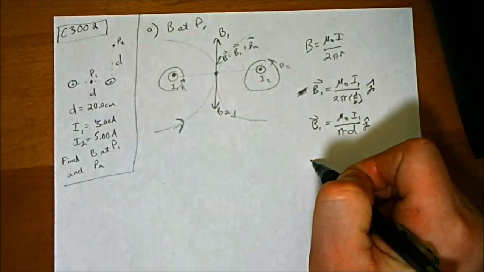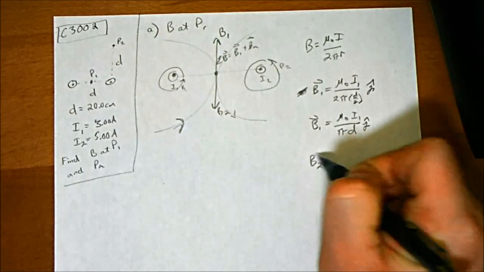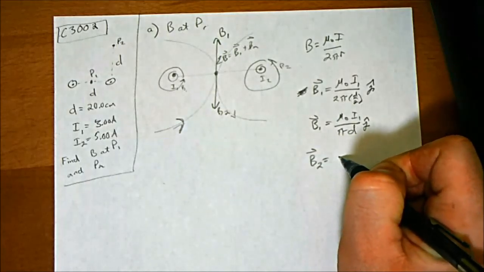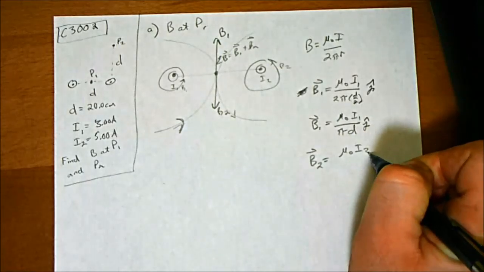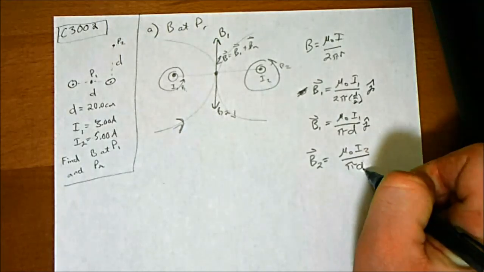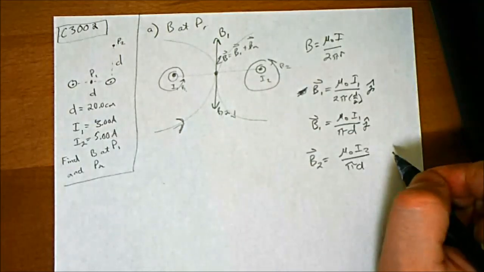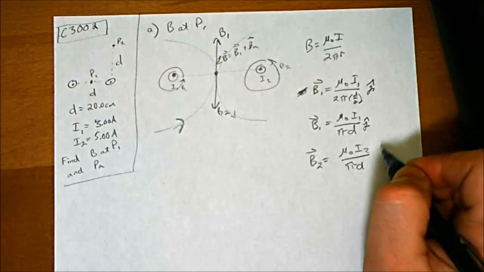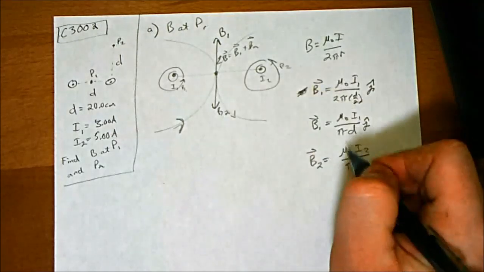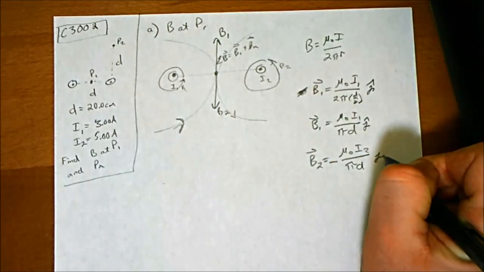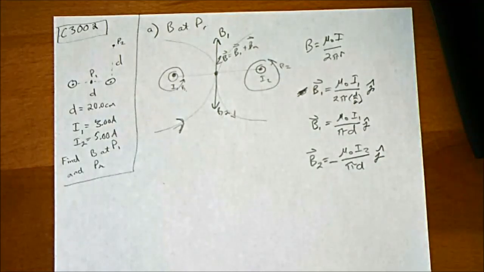Likewise, we can say that B2 is just mu naught I2 over pi d, because we're the same distance away from wire 1 as we are from wire 2. But this one's going to be in the negative j hat direction.